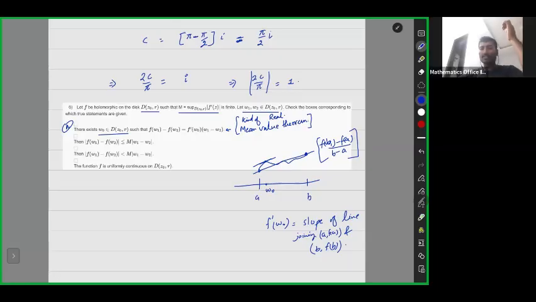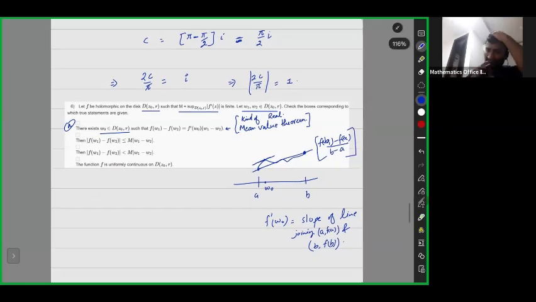Right, but I think we have seen, for example, if we take some function for which f prime is constant. For example, what will we have? Let's say f prime of z is equal to 1.